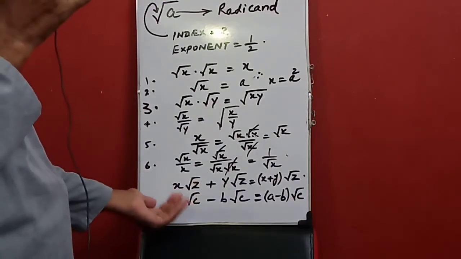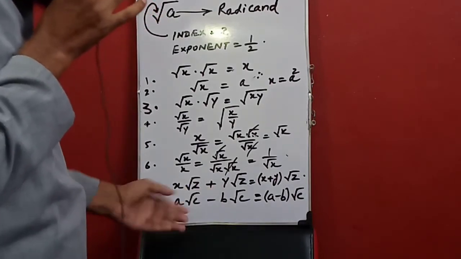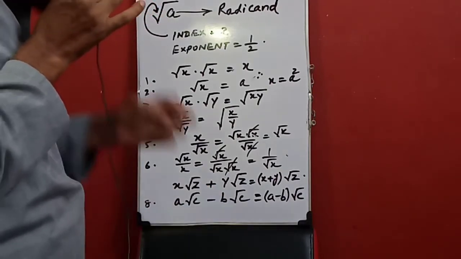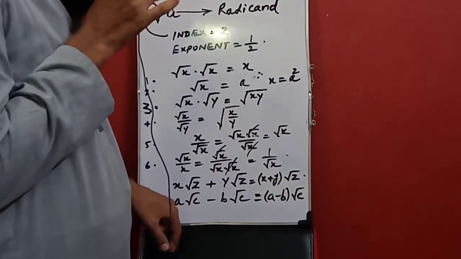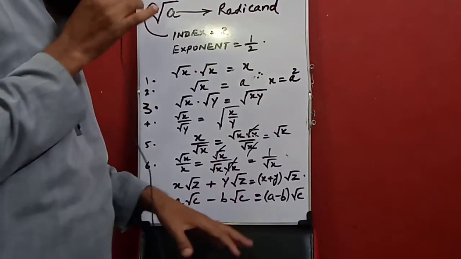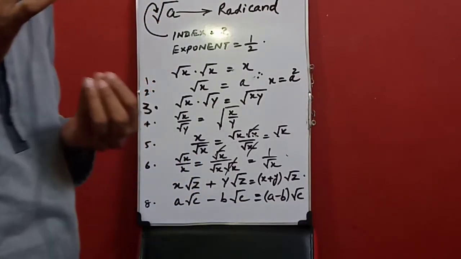Similarly, if the numbers or terms in the radical are subtracted and both have the same radical sign, we take the common root c, but a minus b. These are the fundamental rules of the radical sign.